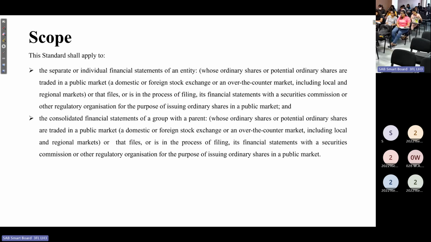Group or consolidated financial statements of a group with a parent whose ordinary shares or potential ordinary shares are traded in a public market. Just a summary of the scope. You can write them in the scope in blue color.